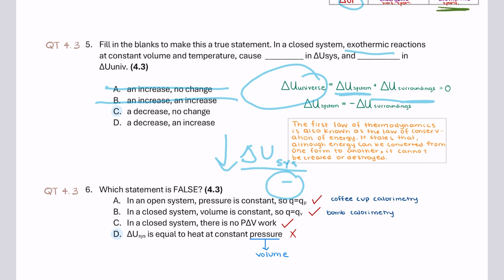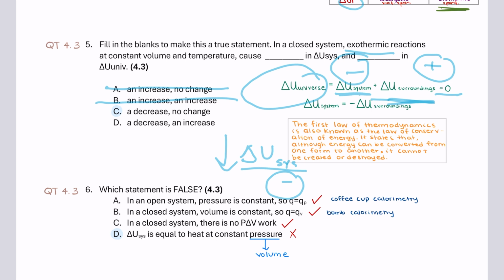Now, in a closed system, no matter is exchanged with the surroundings, but energy can be. So when the system loses heat, the surroundings gain that heat. That means that the decrease in energy of the system is exactly balanced by an equal increase in energy of the surroundings. So when you add those together, the negative change from the system and the equally positive change from the surroundings, you get zero net change in the energy of the universe.